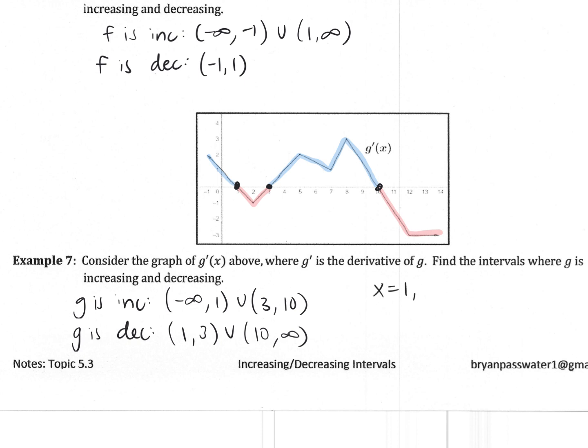So like x equals 1, 3, and 10, those are your critical points. Your critical points are where it changes between positive and negative, or increasing versus decreasing. We got one more example here on the back page, and then we are done.